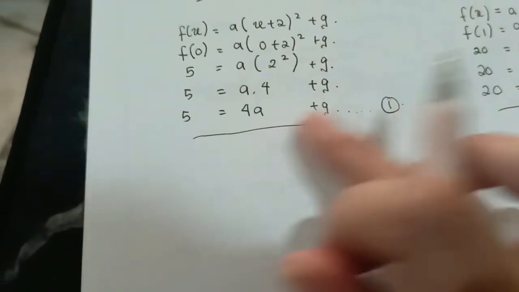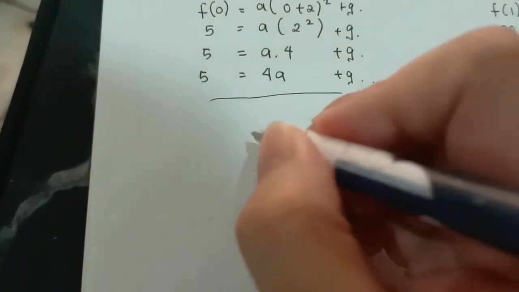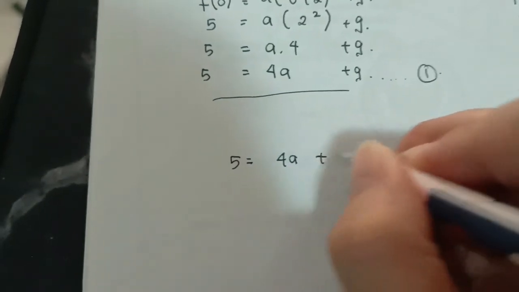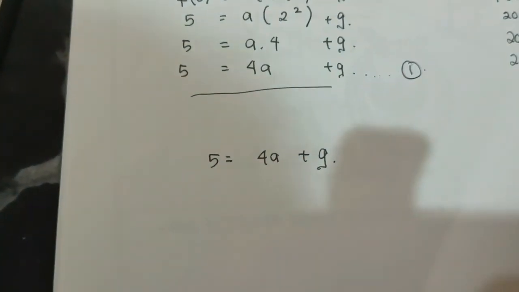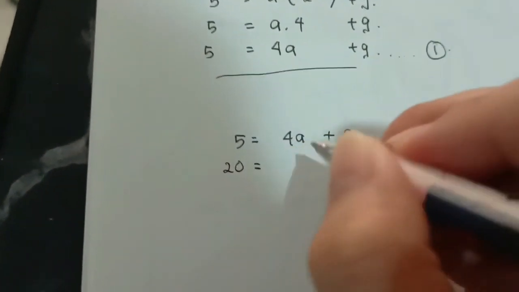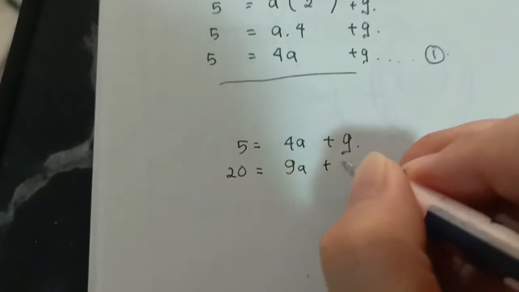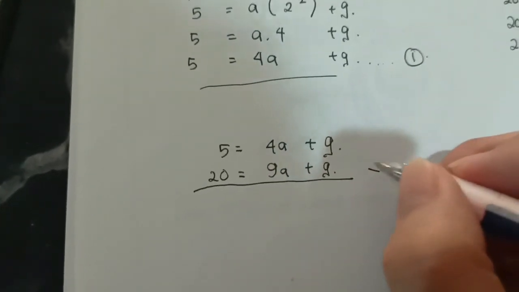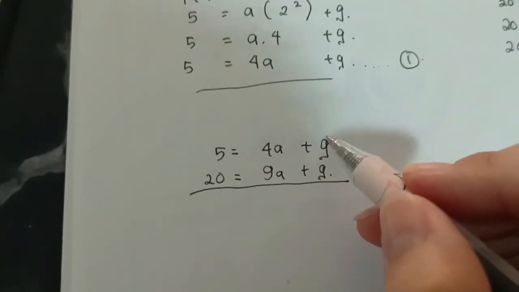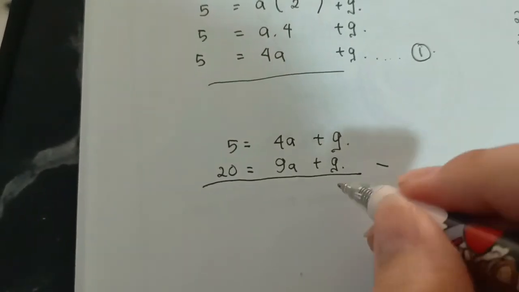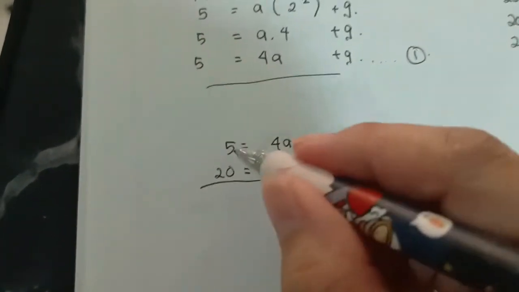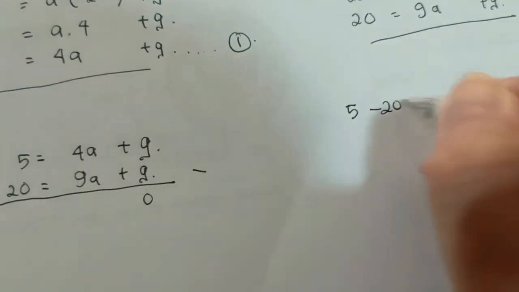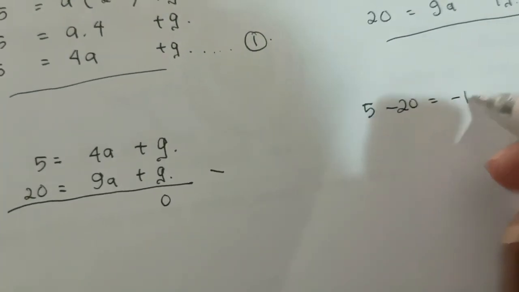So we are going to combine both. Over here 5 is equal to 4a + q, with this, 20 is equal to 9a + q. We are going to eliminate the q using minus, so that q minus q is 0. Now 5 minus 20 is minus 15.